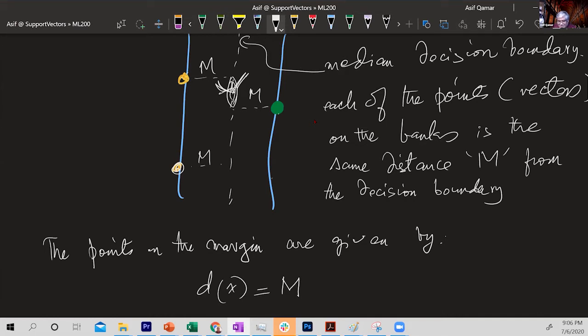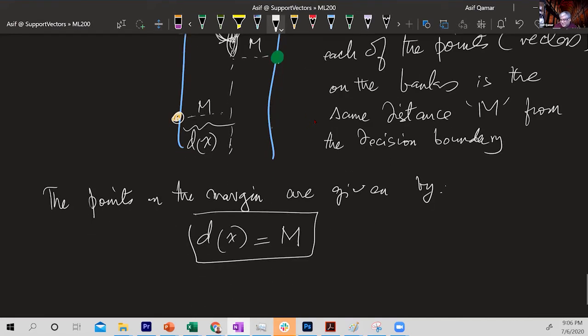Are we together? This is very obvious, isn't it? Because this distance is, after all, d of x, the distance from the hyperplane. This looks obvious, isn't it, guys? Please tell me that it is.